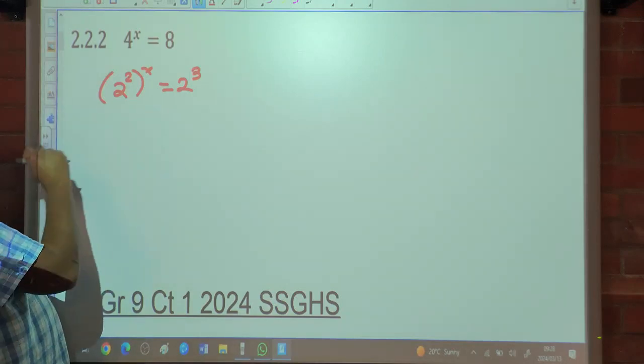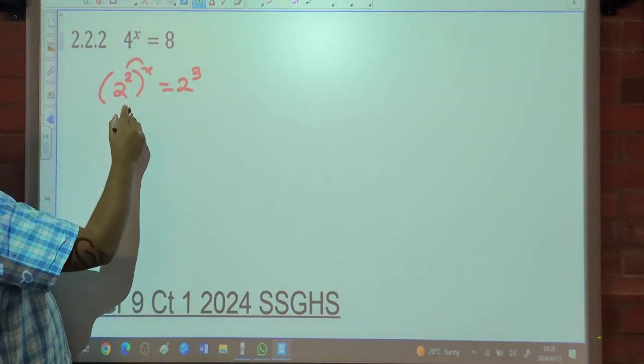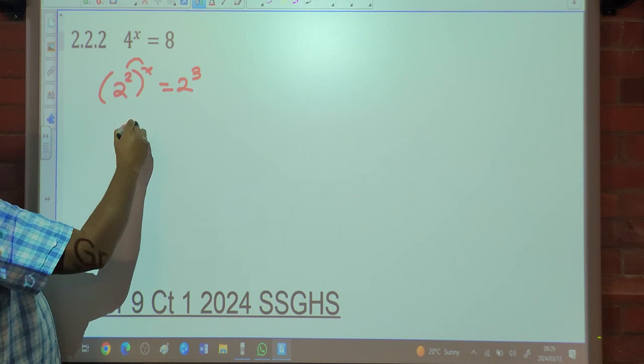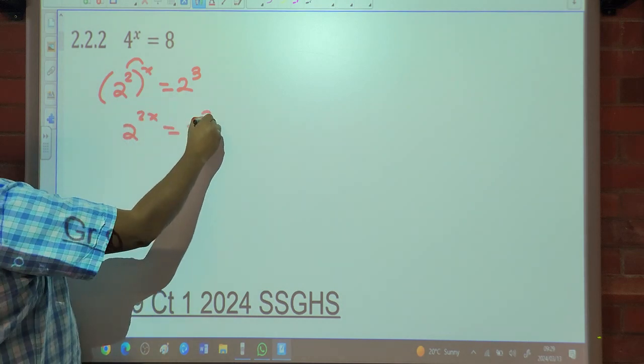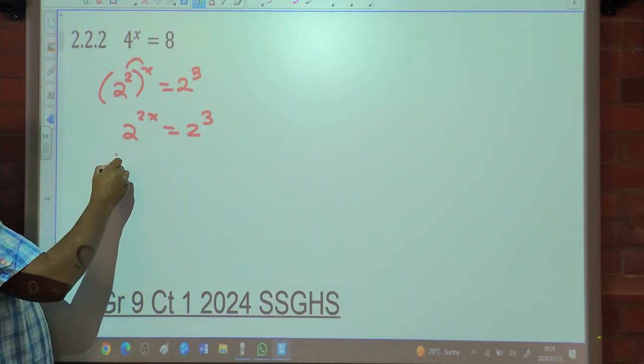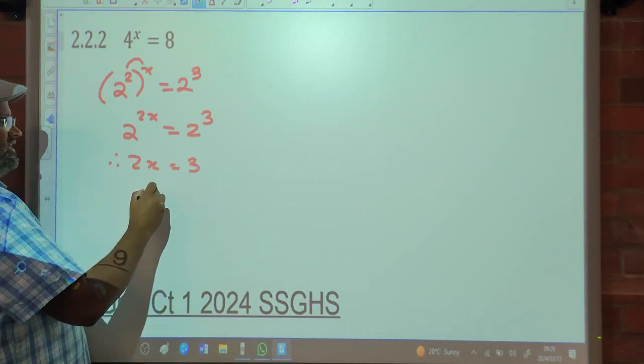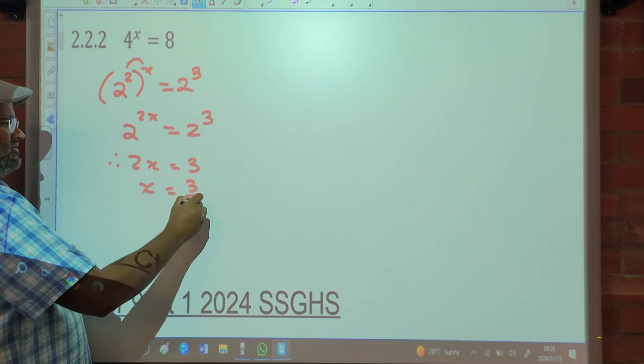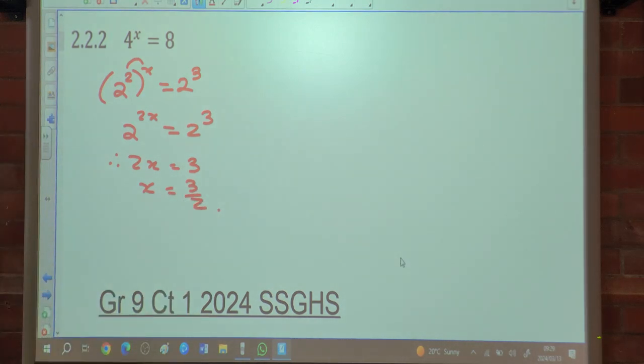You see the bases are now the same. So just tidy this up a bit. So 2 times x is 2x is equal to 2 cubed. So what do you notice now? Bases are the same. So therefore 2x is equal to 3. So x is equal to 3 over 2. Okay. The 3 halves.